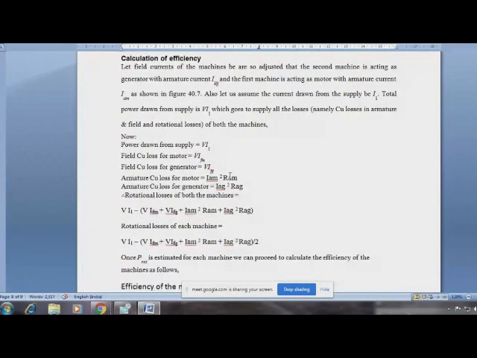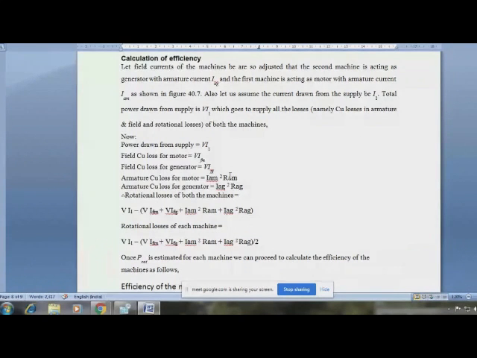Field copper loss of generator, V into IFG. Armature copper loss for motor, IAM square RAM, that is the current in the armature square into resistance of the armature of the motor. Armature copper loss of generator, IAG square RAG.